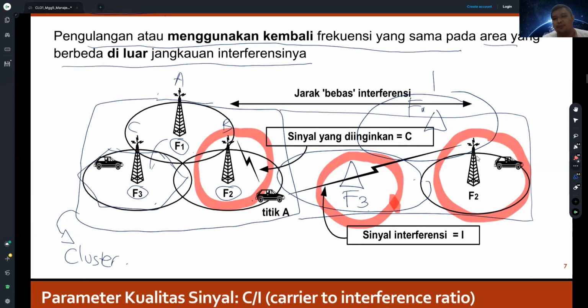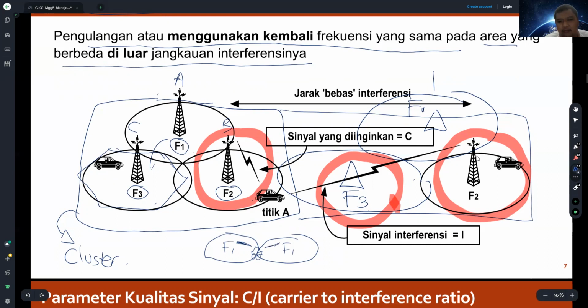Why do we have to put them like that? Why don't we put the same frequency adjacent to each other? Now, the problem if we put the same frequency adjacent to each other is, for example, two cells that have the same frequency, like this one is frequency 1 and this one is frequency 1. If we have a user in the middle of the boundary between these cells, the power of the communication will be the same as the power of the interference itself.